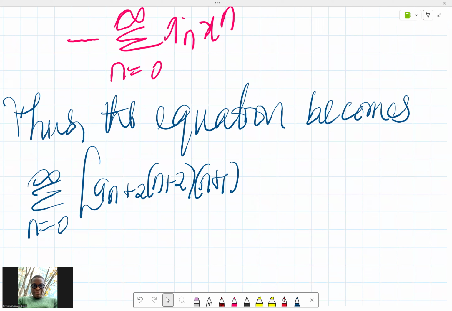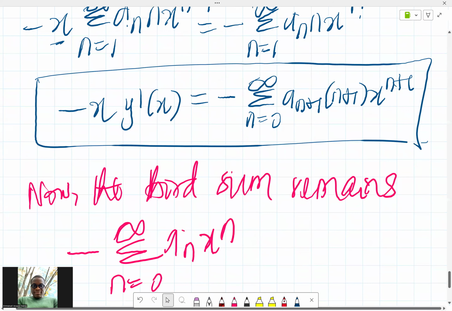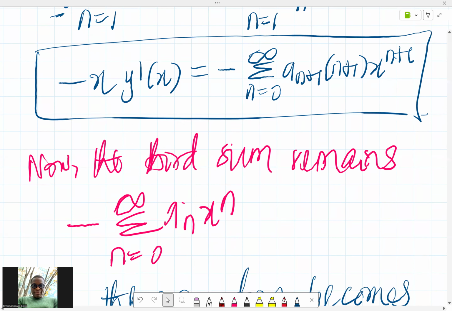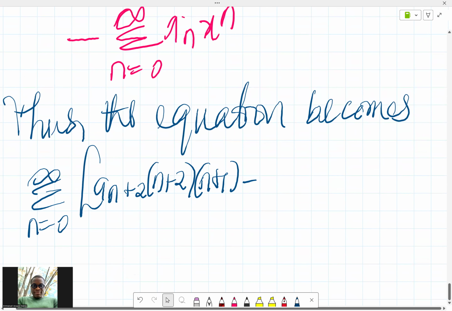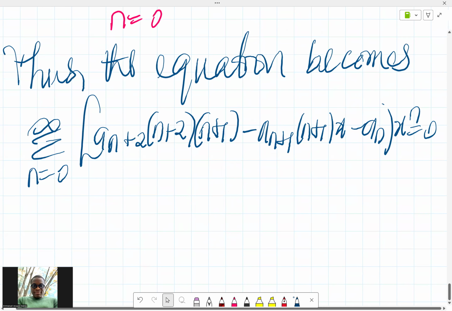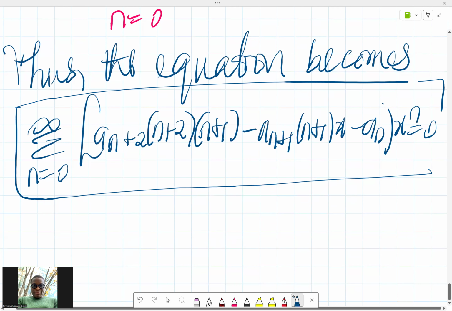So we have an plus 2, n plus 2, n plus 1, minus the other term, which is now an plus 1, n plus 1. If you're going to have x n outside, this one has to keep a value of x. That's what I think, actually. So this should be minus an plus 1, n plus 1, x minus an, into x raised power n, so that everything will now be equal to 0 because everything is starting from 0 to infinity now. So this is important. This is the whole thing together.